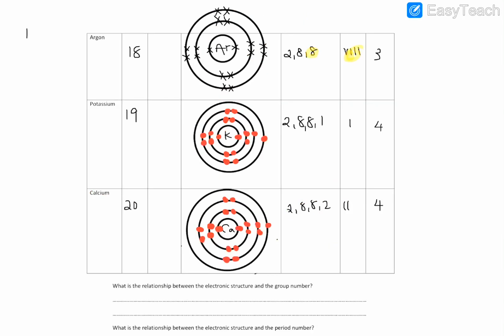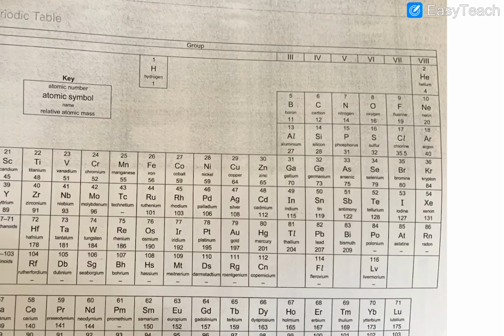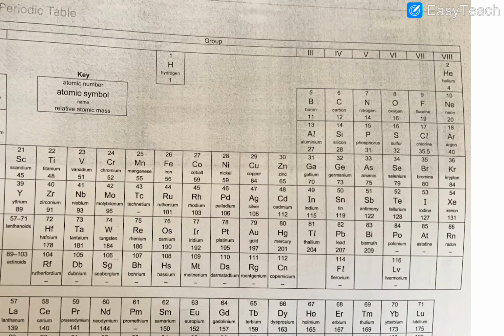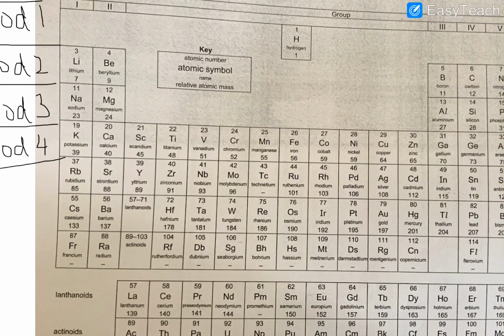So group 1, group 2. If I tell you, let's use the periodic table, something that we don't really study at your level, let's say rubidium. Okay, so it's found in group 1. Even if you're not going to be asked to write the electronic configuration of rubidium, because it is in group 1, you know that the electronic configuration will end with 1.